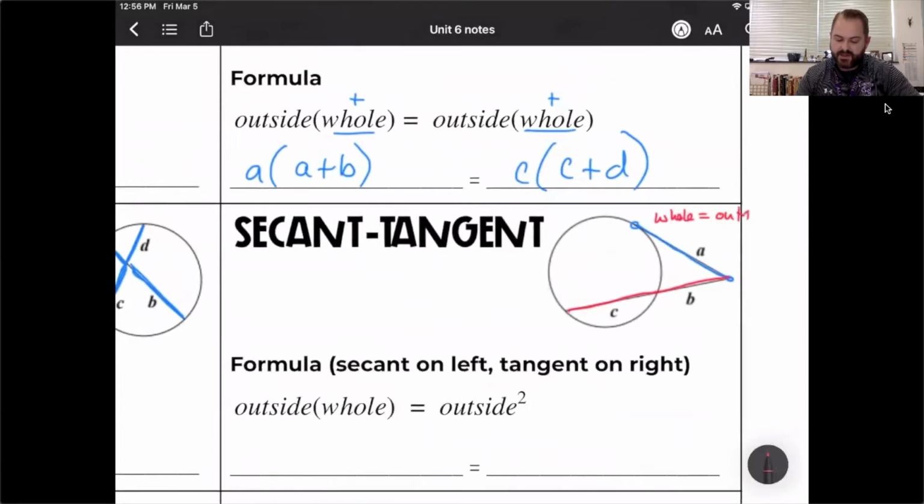The whole thing is the outside, which is why I end up doing outside times outside. So it's that outside squared. It's like outside times itself, but we just write it as squared, is equal to outside times whole of the other one.